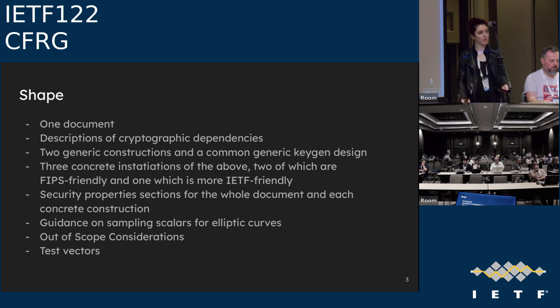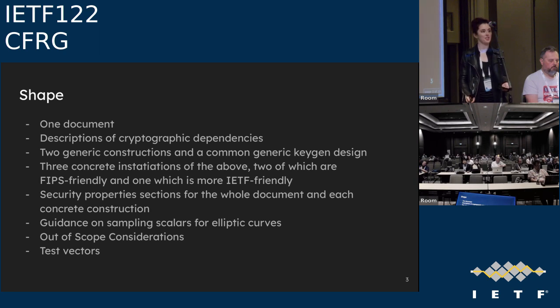It includes three concrete instantiations of those two designs, two of which are FIPS friendly or NIST friendly, and one of which is not FIPS or NIST. Well, now you can make an argument. It uses component algorithms that are not all NIST stuff. It uses stuff that's friendly in the IETF. It has lots of security property sections, one generic for the whole document, and specific ones for each concrete construction we list. Guidance on how you sample elliptic curve scalars and things like that.